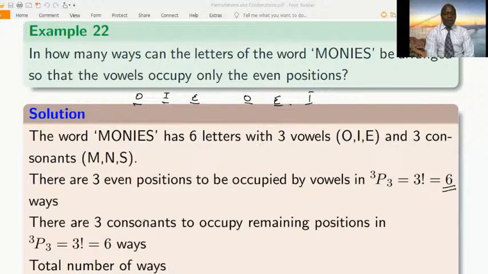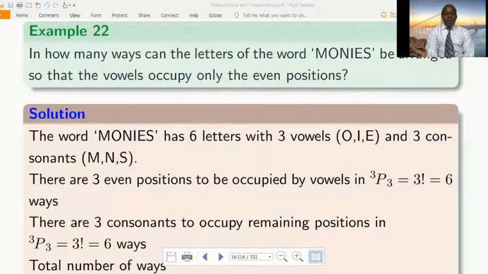What about the consonants occupying the remaining positions? They can also do that in 6 ways. That is 3 factorial, because there are 3 consonants, and we are arranging all of them at a time. So therefore, what does the question say?